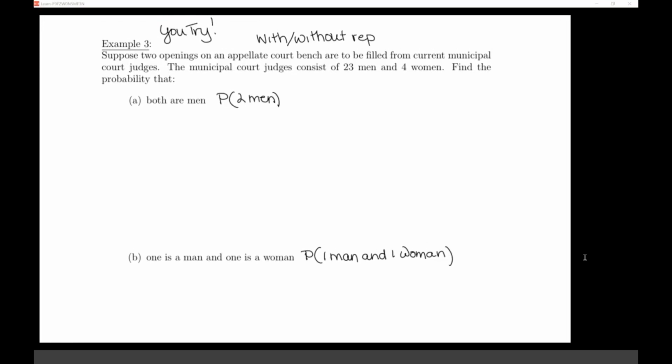Are we selecting with or without replacement here? In other words, once we pick a judge's name from the municipal court judges, are we going to put his or her name back in the hat and pick them for the second slot on the appellate court? Without.